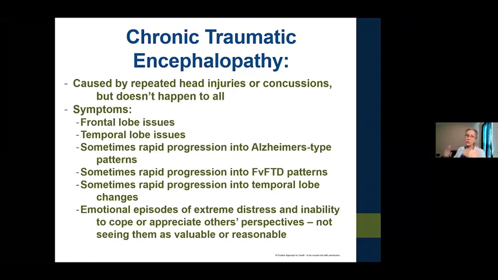But we will also classically see emotional episodes that are extreme. They're extreme and I can't see anything but what I can see in those moments. And when I have those moments of extreme distress, I can become physically distraught. I can become emotionally distraught. I can cause harm to myself or someone else.